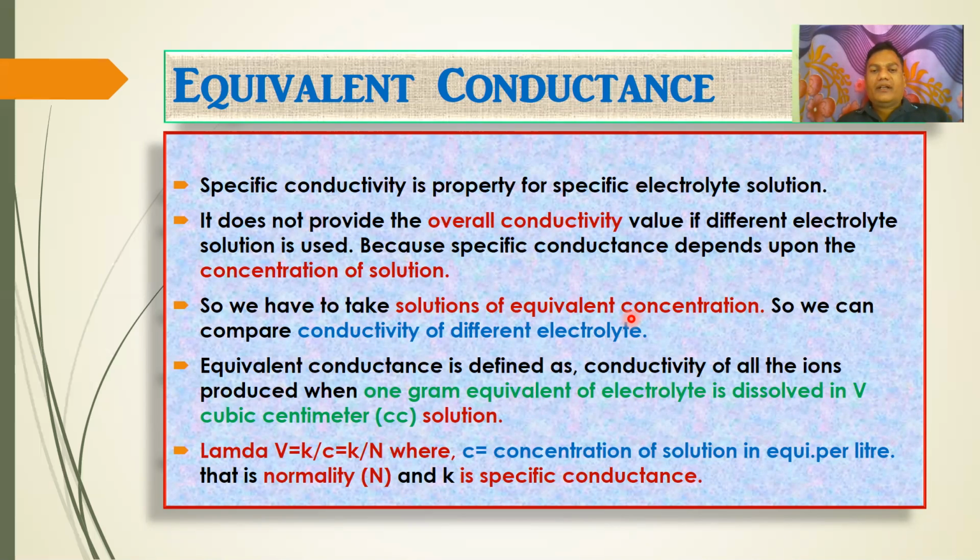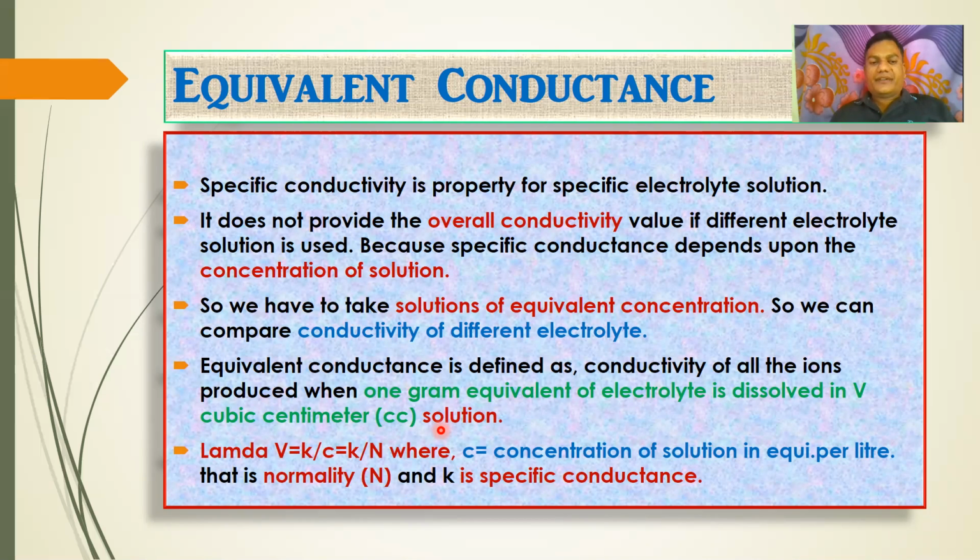So now equivalent conductance, how can we define it? It is the conductivity of all the ions produced when 1 gram equivalent of electrolyte is dissolved in V cm cube, that is V cubic centimeter solution. म्हणजे इक्विव्हॅलंट कंडक्टन्स आपण कसा डिफाइन करू शकतो? असं सोल्युशन ज्या सोल्युशन मध्ये 1 ग्रॅम इक्विव्हॅलंट इलेक्ट्रोलाइट डिझॉल्व्ह झालेले आहेत, तर त्याच कंडक्टन्सला आपण त्याचा इक्विव्हॅलंट कंडक्टन्स असं म्हणतो.